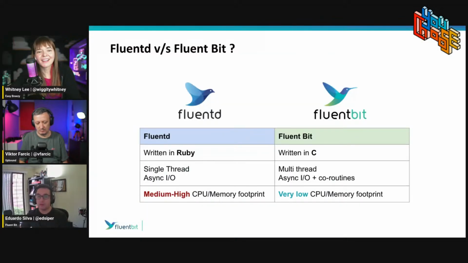And for those familiar with Fluentd, Fluent Bit is a C version with extra powers on top. It's multi-threaded, it supports asynchronous I/O operations, and it has a very good design to consume very low CPU and very low memory.